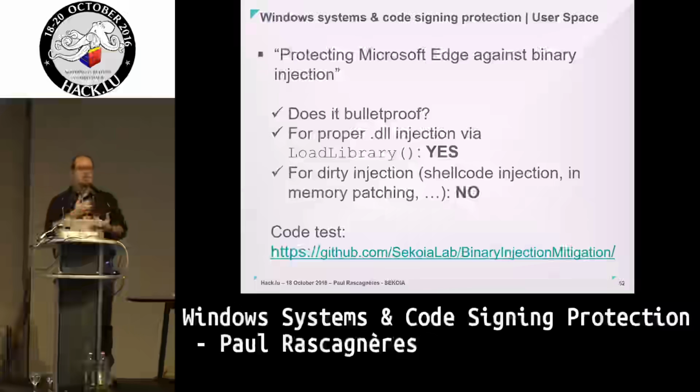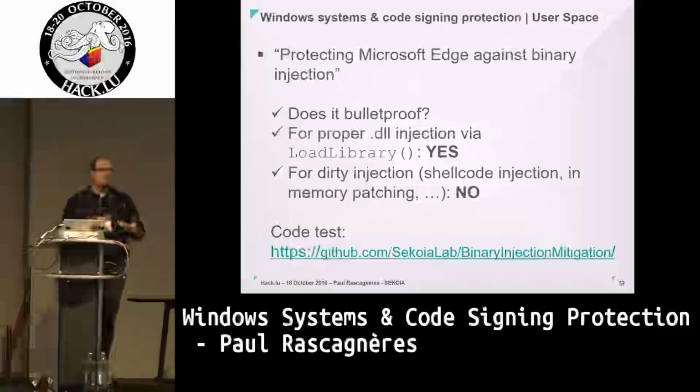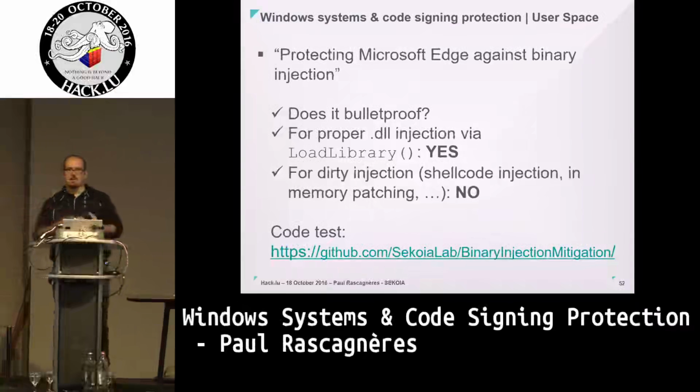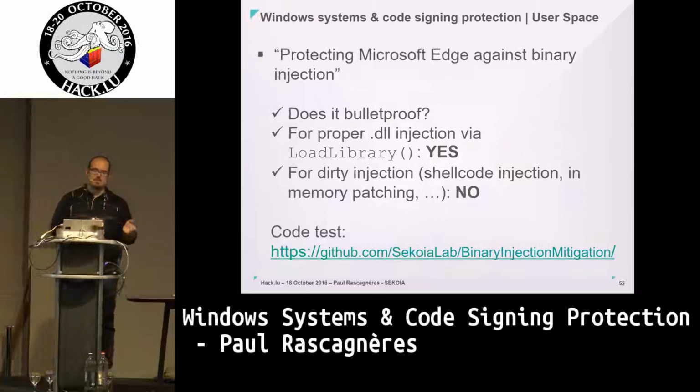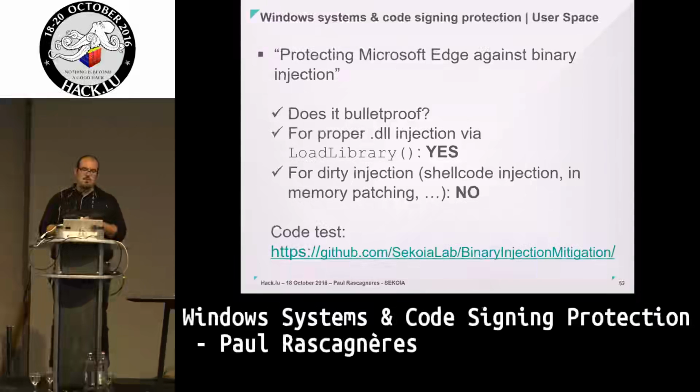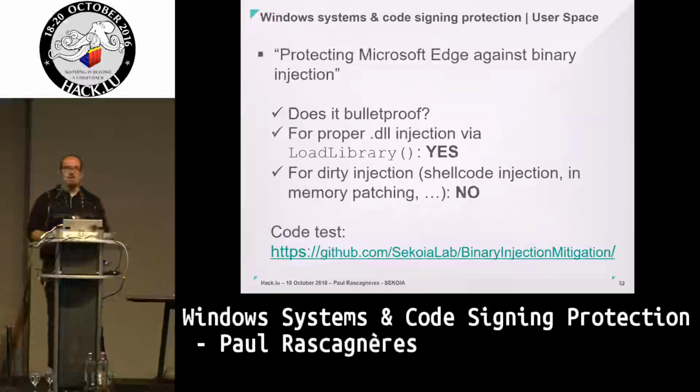One option is I want to use load library with this library, and the other is I want to use a shellcode, and you put the shellcode in the second argument. And you can test if the load library is protected or not. So it's basically the new feature from the TH2 update of Windows 10 and the protection against binary injection. So yeah, it works, but it's not perfect.